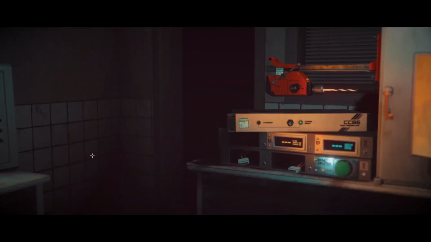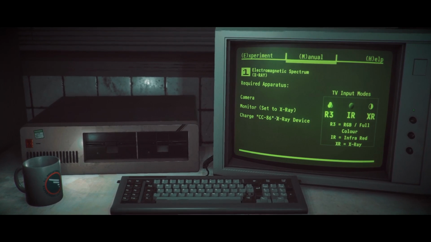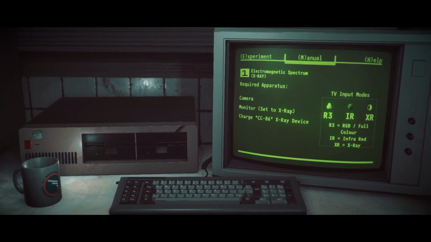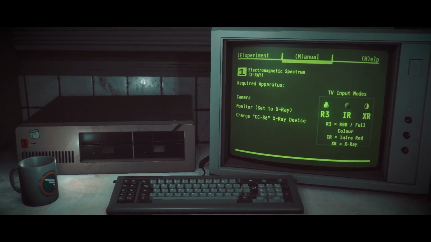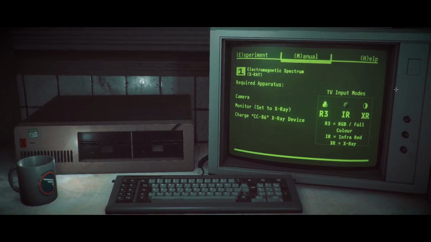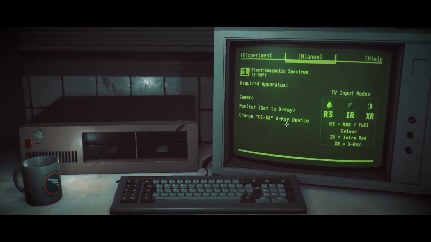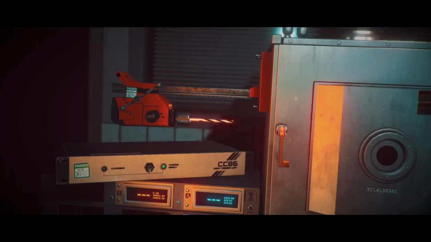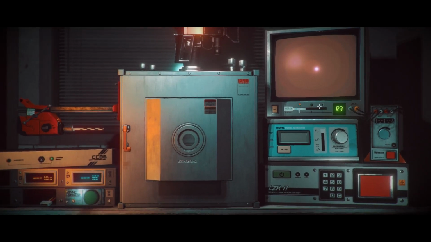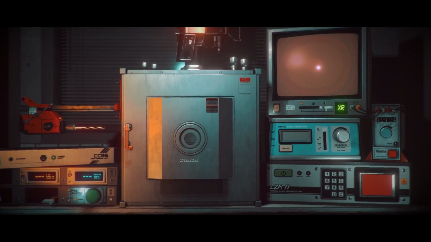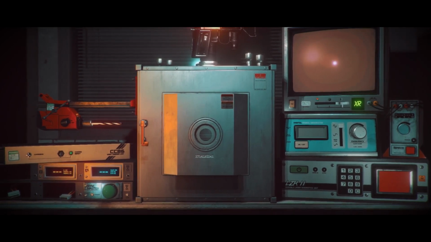And then what do I need to do? Monitor set to X-ray. X-ray would be XR. I think it's on R3 right now. And then charge the X-ray device. So right now it's on R3, IR, X-ray. Can I now use this?